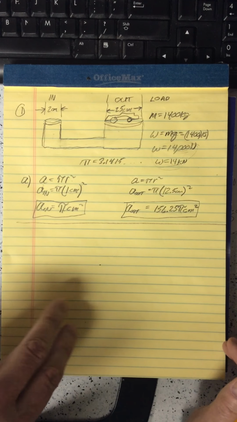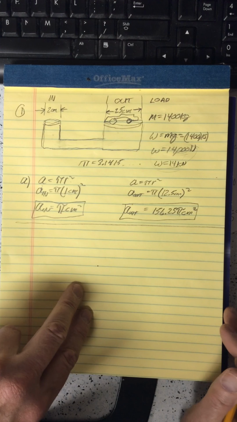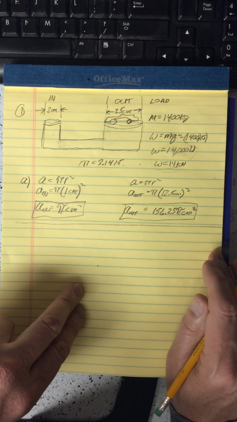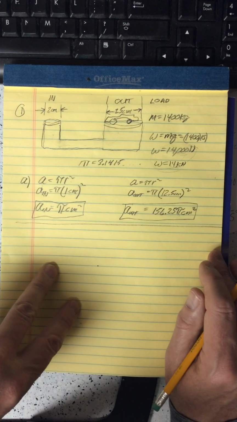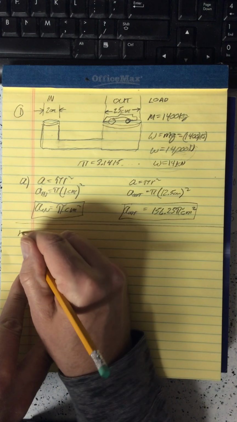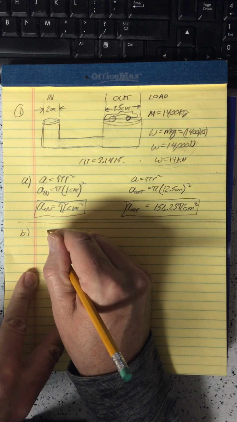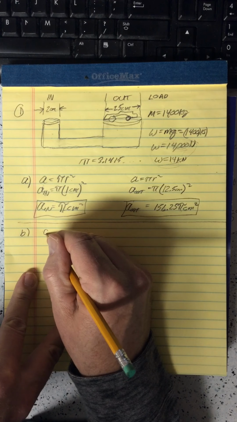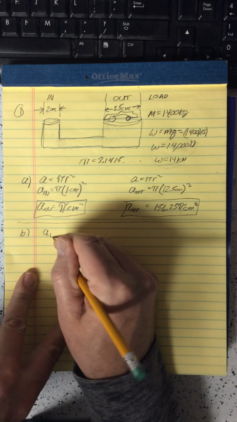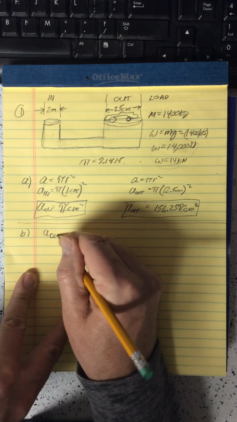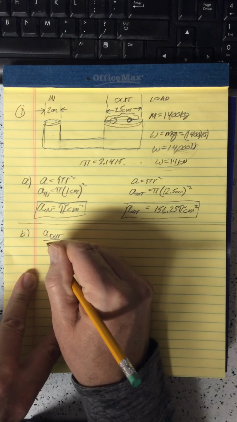Part B. What is the ratio of the area of the load piston to the area of the input piston? So part B, what is the ratio of the area of the load or output to the area of the input?